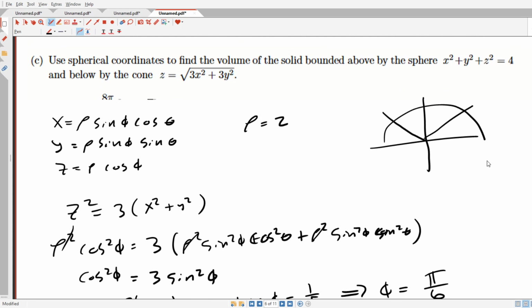Okay, so that tells us that this angle here is pi over 6. It's going to go all the way around because it's kind of symmetric about the z-axis.